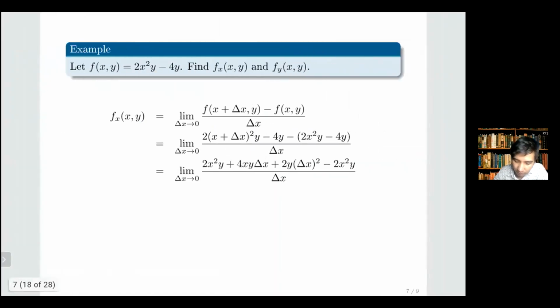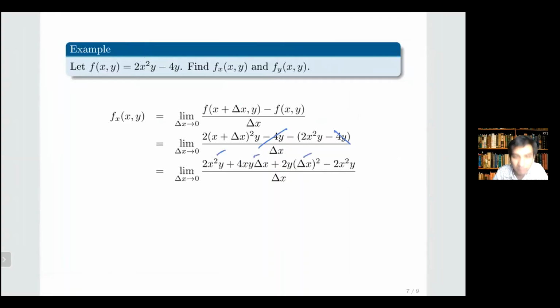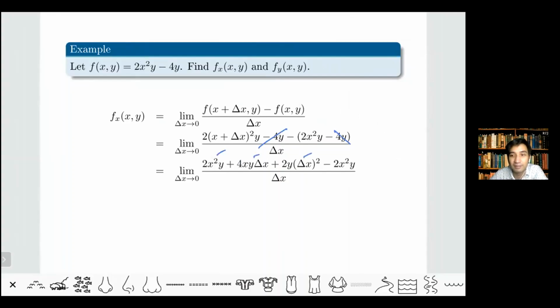So pag in-expand mo yung numerator, first notice yung 4y and negative 4y magka-cancel. And then pag in-expand mo yung binomial dito, yung square, magiging x squared plus 2x delta x plus delta x squared. And then you have to multiply that by 2y. So ito na yung lalabas, tong tatlong term na to.